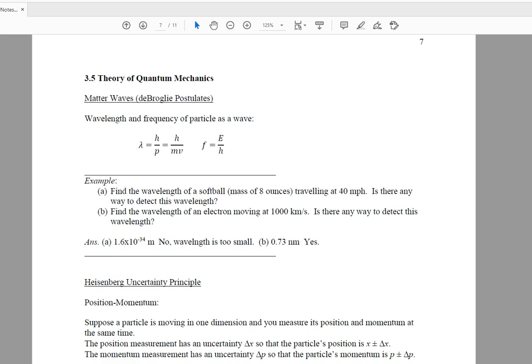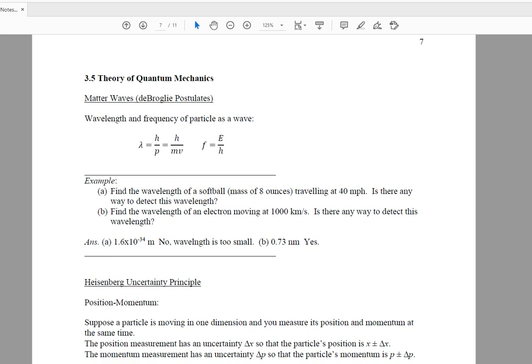We know that the photon is the particle-like nature of light. So light was first modeled as an electromagnetic wave, and with its wave nature we can explain things like interference, diffraction, but we see that there are some phenomena where we have to model light as a particle, a stream of photons.